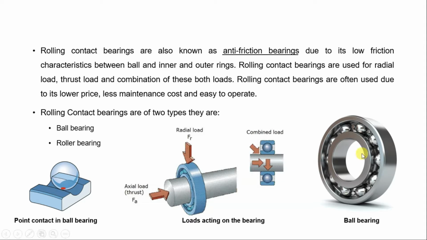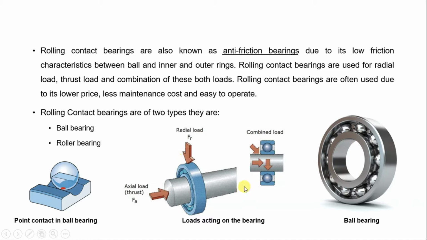The outer race is attached with the fixed frame of a machine. So while in motion, this outer race will be stationary and this inner race will be rotating with the shaft, and this rolling element will permit the relative motion between these two components.